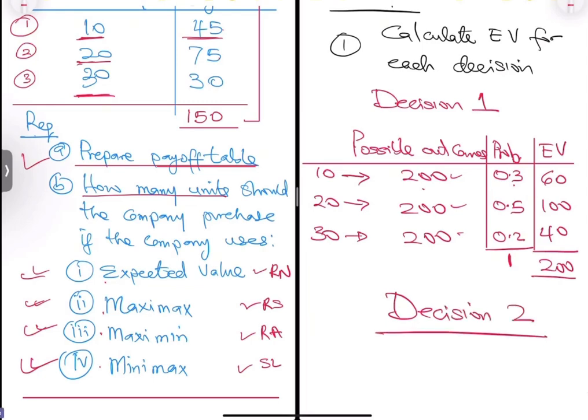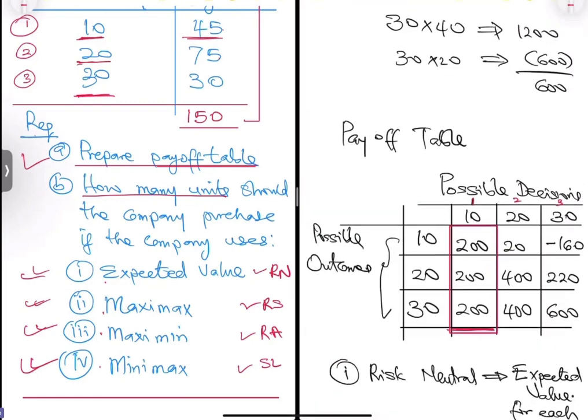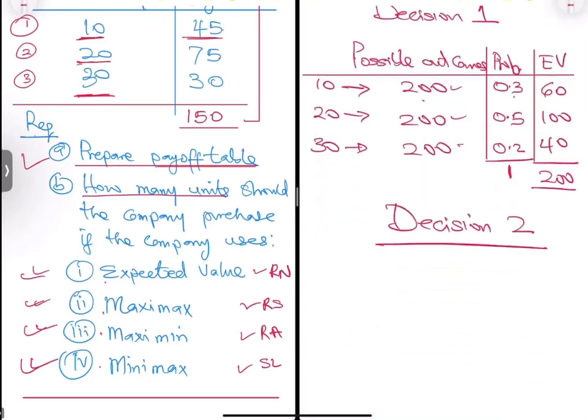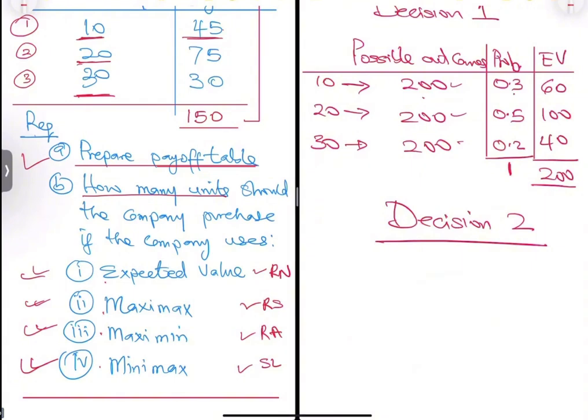Decision 2 is when you buy 20 as inventory, which is this part. What's the expected value for decision 2? For 10, it's 6 hundred... so we have 10, 20, 30. The profit is 200 for 10, 200 for 20, and 80 for 30.